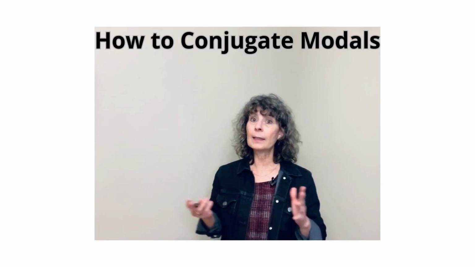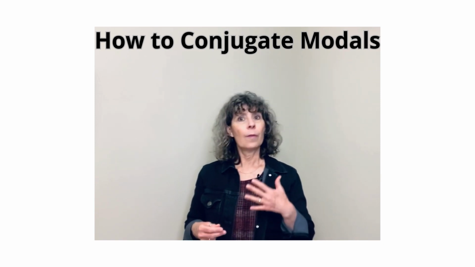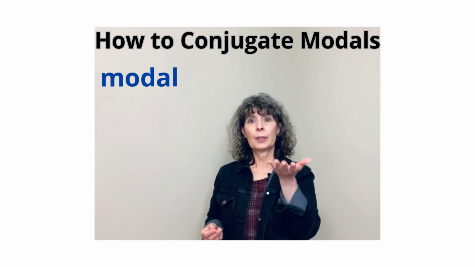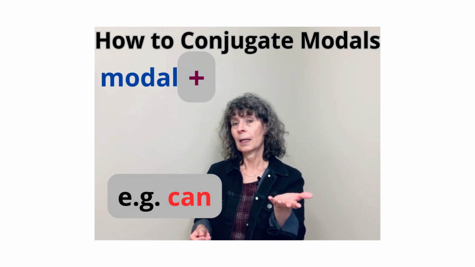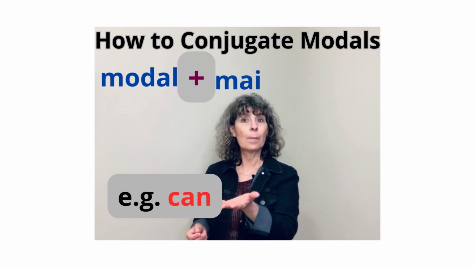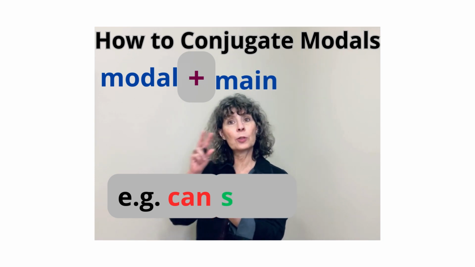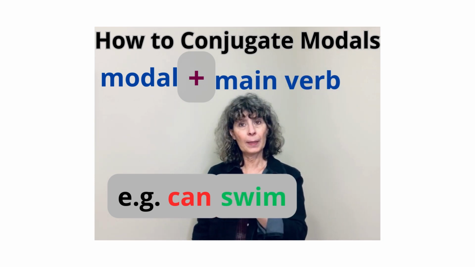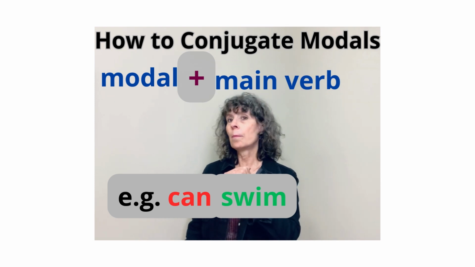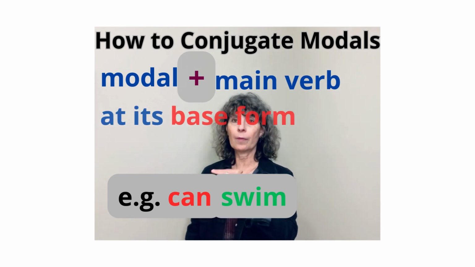Before I move on, let me just talk very quickly about how we actually conjugate these verbs. It's quite simple, really. For most of them, you take the modal verb, for example, can, and you add the main verb like swim. But what you're using for the main verb is quite simply the base form of the verb.